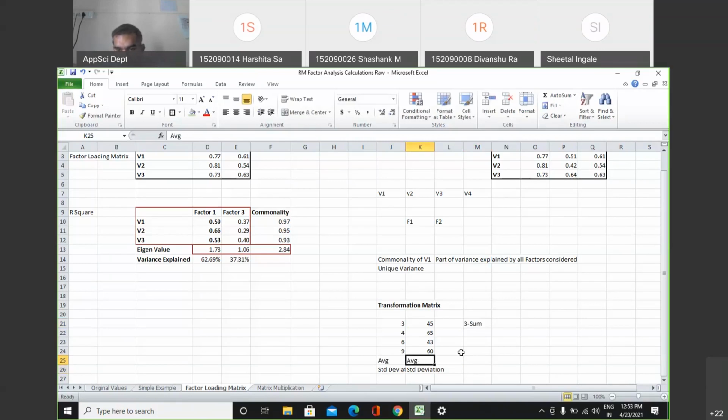Sum divided by the number of variables, that is the average, the X bar we call. So the value minus the average, divided by the standard deviation. For each of the values, we substitute.